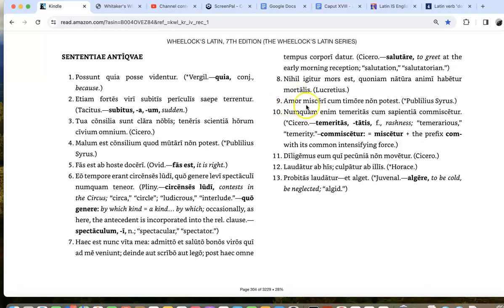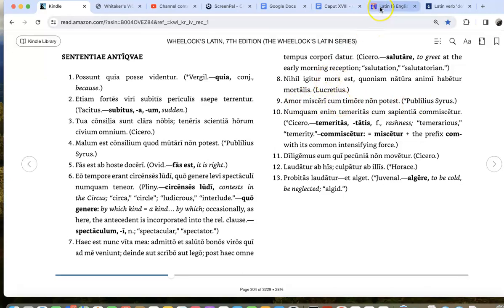Number 9, amor miscere cum timere non potest. Love to be mixed with fear is not possible. Publilius Syrus, highly recommend him. So love is not able to be mixed with fear.